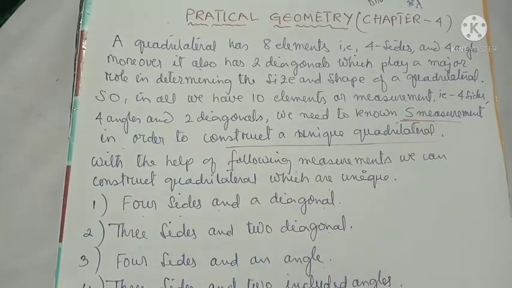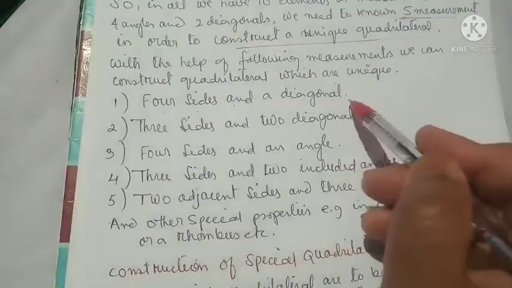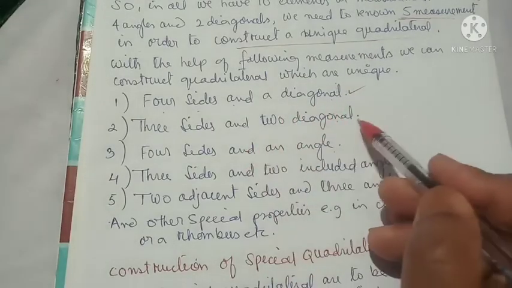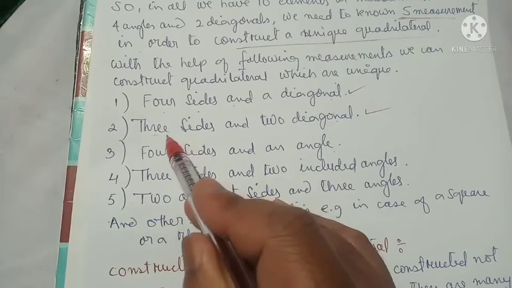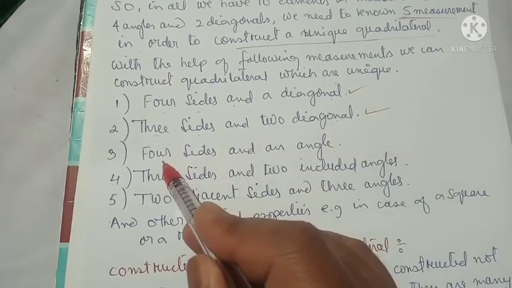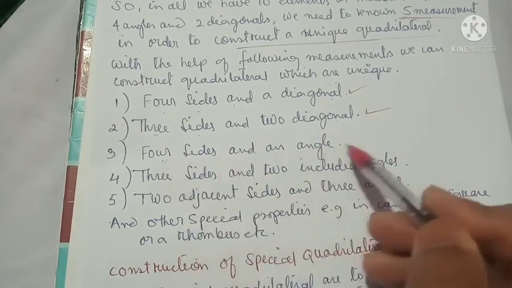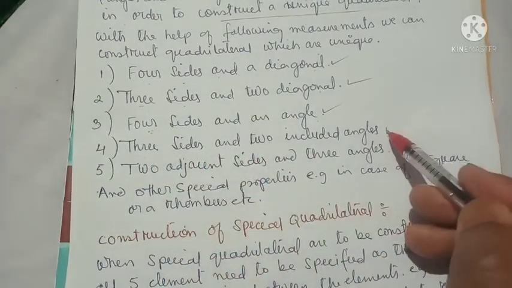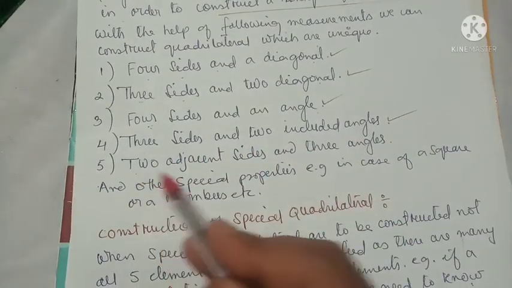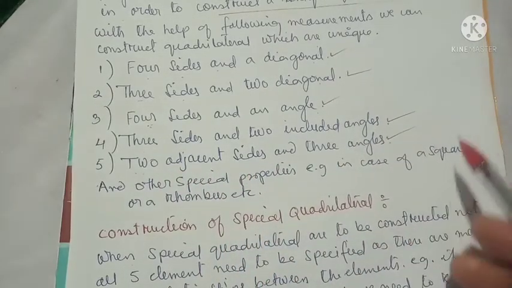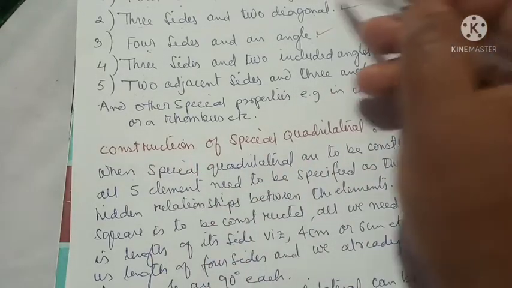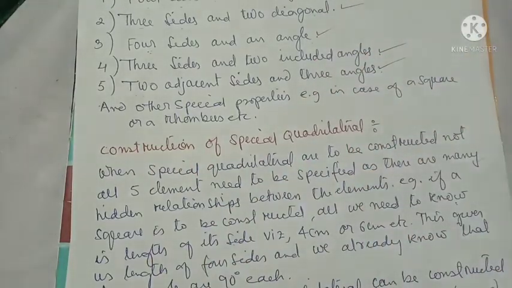The first is 4 sides and a diagonal. Second is 3 sides and 2 diagonals. Third is 4 sides and 1 angle. Fourth is 3 sides and 2 included angles. Fifth is 2 adjacent sides and 3 angles.